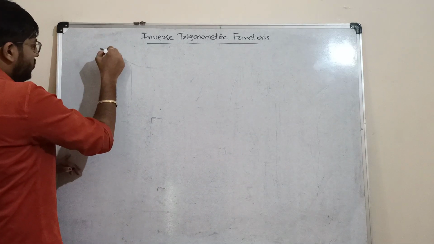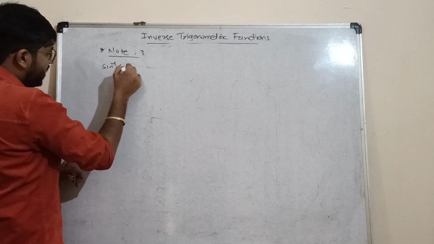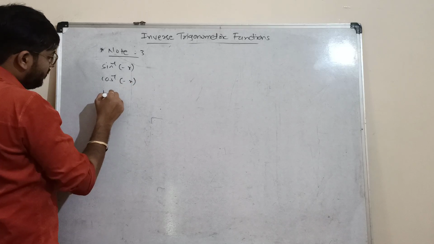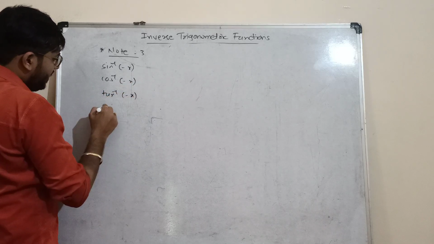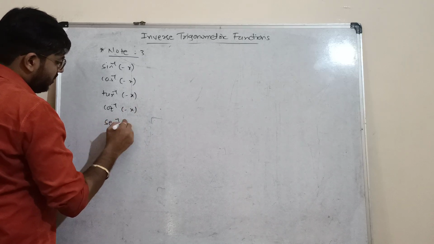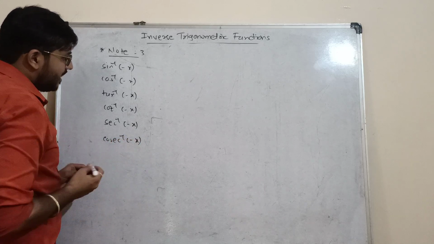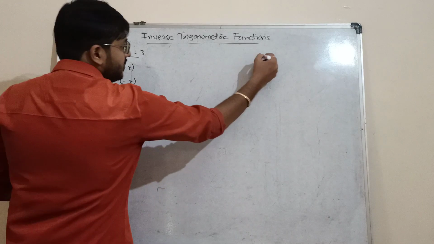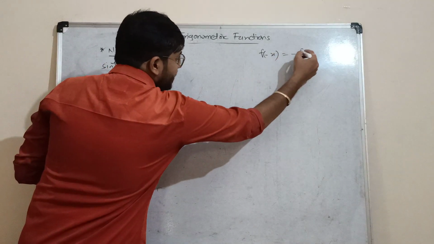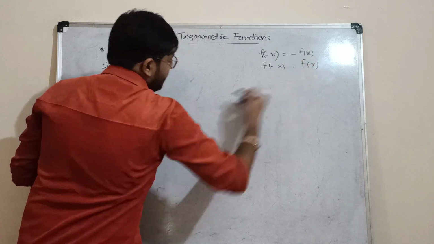Now let's talk about note number 3, which is mainly related to the negative sign, right? So you can easily understand what the answer could be, because it's a basic rule that if a function has x replaced by minus x, it can be written either as minus f(x) or as plus f(x).